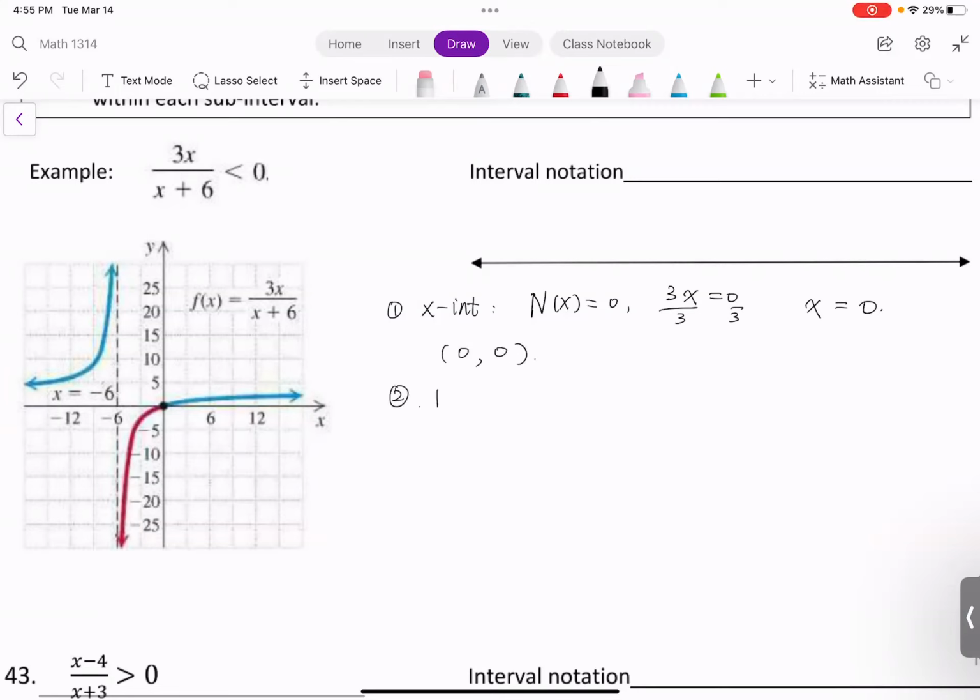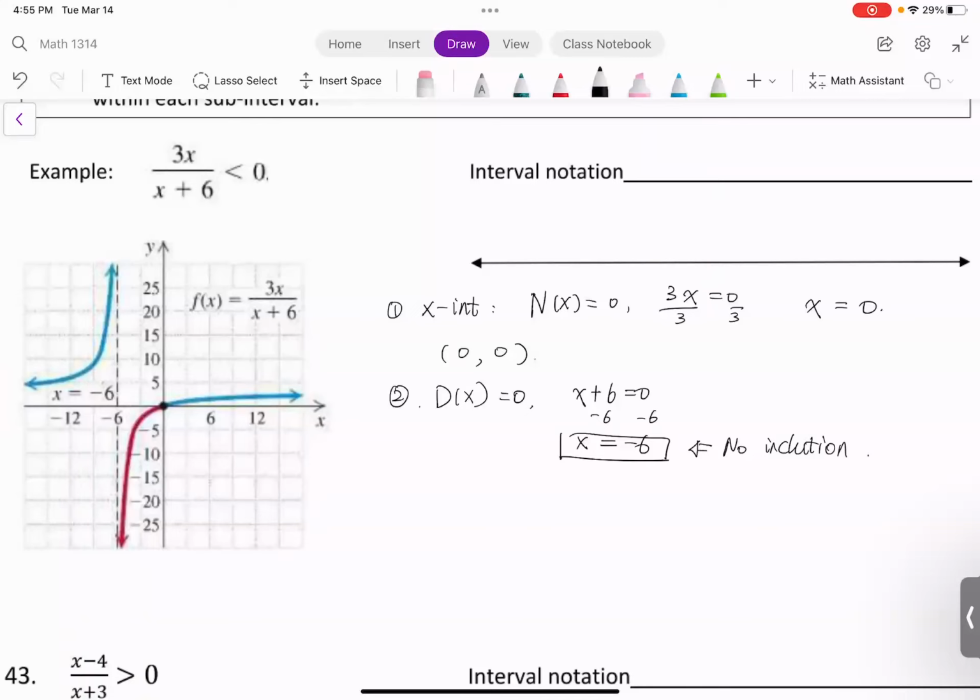Second, we are looking for the vertical asymptotes, which means the denominator equals 0. So x plus 6 equals 0, minus 6 both sides, x equals -6. Remember this: even though we have this key point, it is not included in the interval notation because it will make the bottom 0, and the function is undefined.